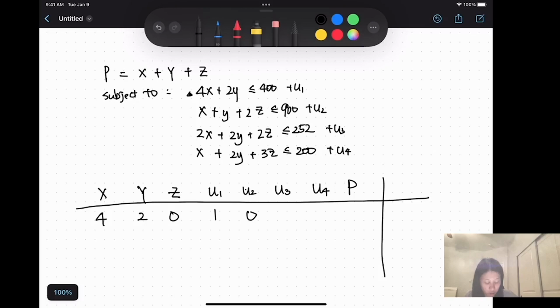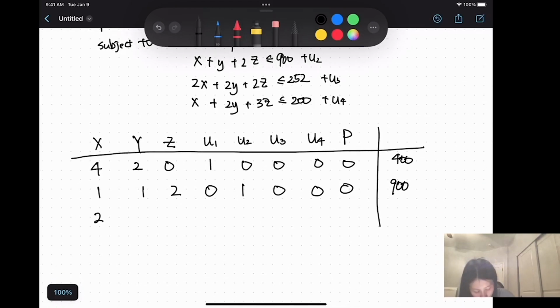So this should be 1, 0, 0, 0, and 400. And then for the second function, I have 1, 1, 2, 0, u2 is 1, and 900. The next one would be 2, 2, 2, 0, 0, 1, 0, 0, 252. Oh, 252, sorry.